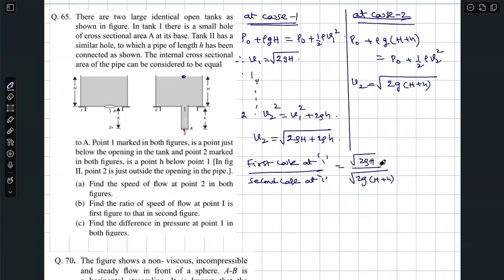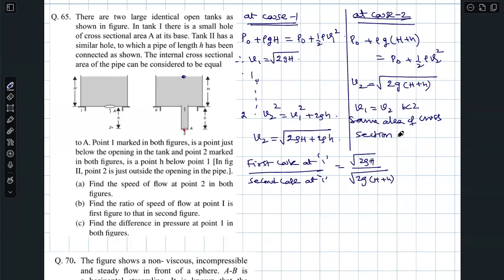I am not cheating you. Remember, velocity at 2 is the same as velocity at 1 in case 2, because of the same area of cross section. According to the equation of continuity, if it is the same area of cross section, they should have the same velocity. Otherwise, the equation of continuity goes wrong.